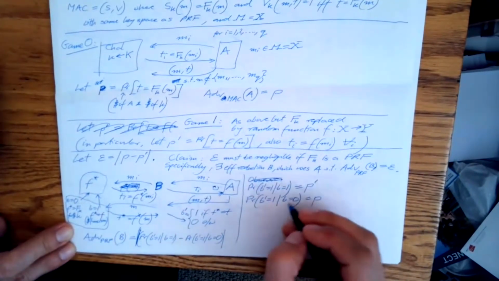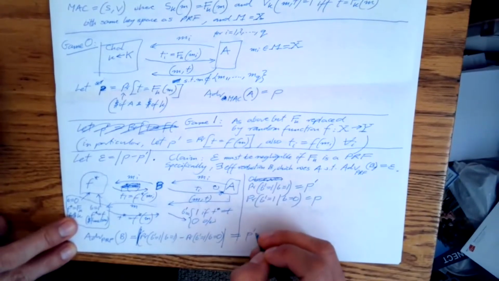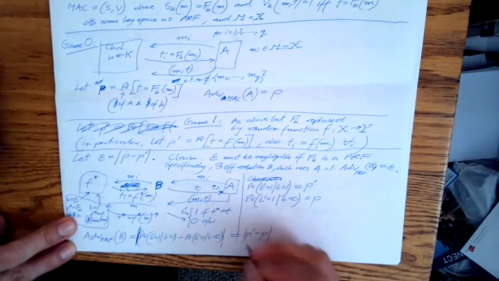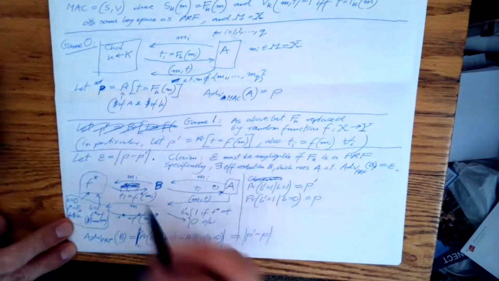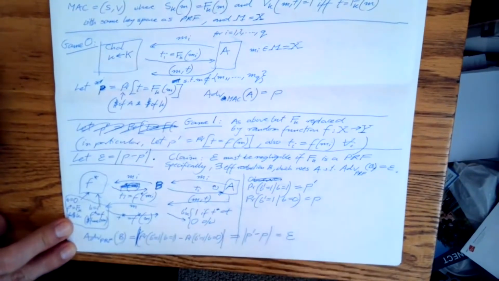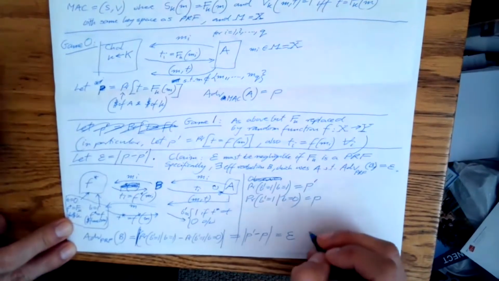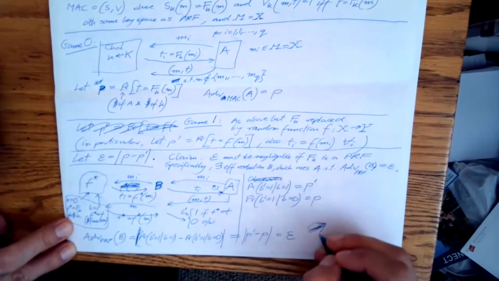Therefore this is exactly the difference between P prime and P, and therefore this is equal to epsilon, right? And what this implies is this.